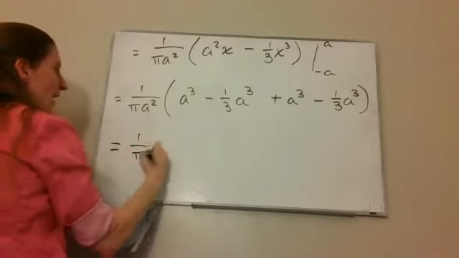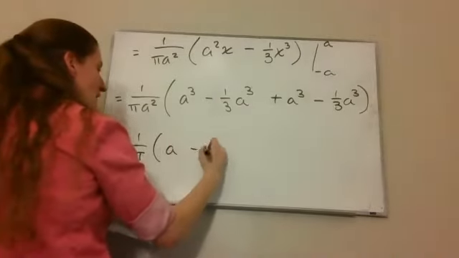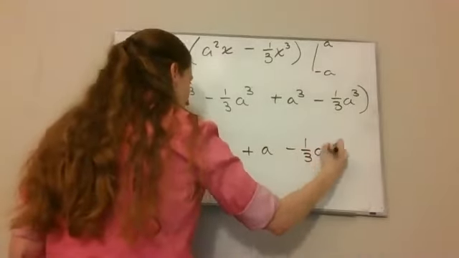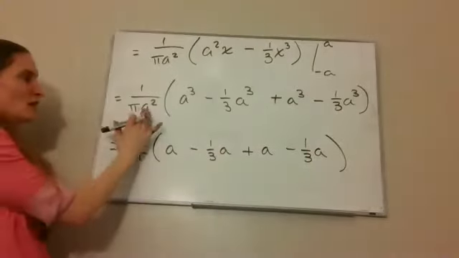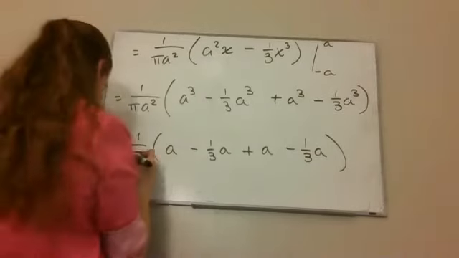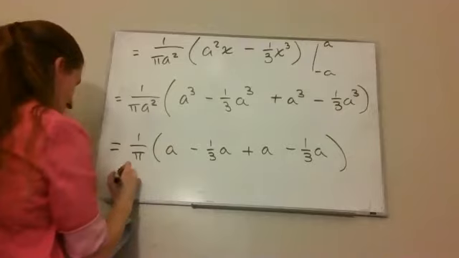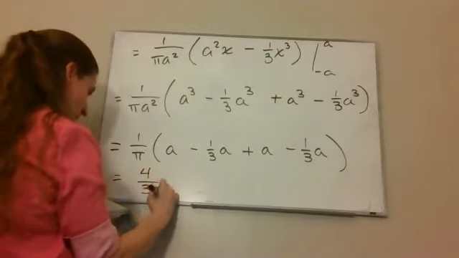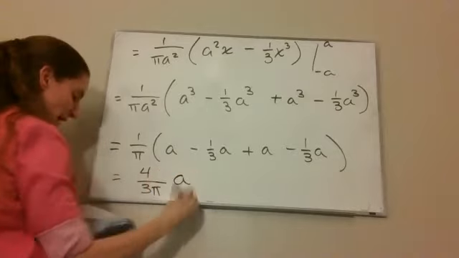I have 1 over pi, and this would be a minus 1/3 a plus a minus 1/3 a. Just to make it a little easier, I multiply my 1 over a squared through to cancel out some of my a's. And then I combine all of that together, and I get 4 over 3 pi times a.